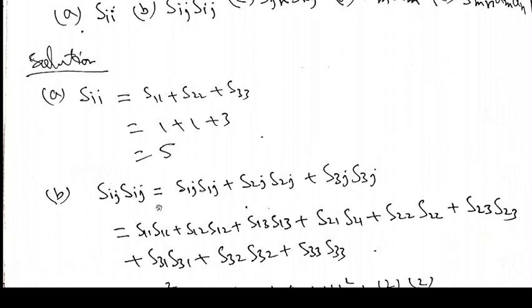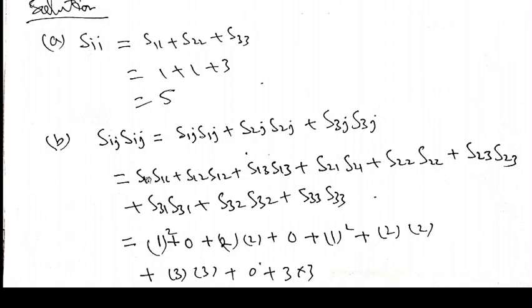So what we need to do is expand these indices. Now here we have expanded I: S1J plus S2J plus S3J. Now again J will be expanded here: S11 plus S12 plus S13 plus S21 plus S23, then plus S31 plus S32, and S33.